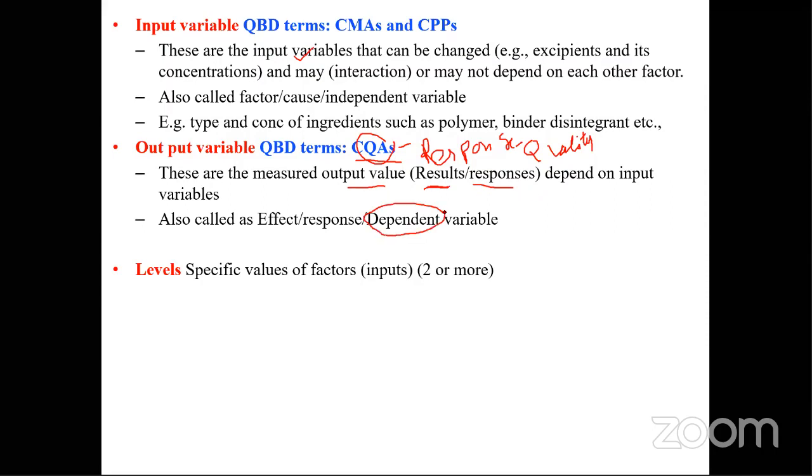Why is it a dependent variable? Because it is depending on the independent variable. Let us say disintegration, which is an output variable, depends on the input variable croscarmellose sodium. That's why it is called a dependent variable, also called response, also called effect, because it is the effect of the cause here, right?